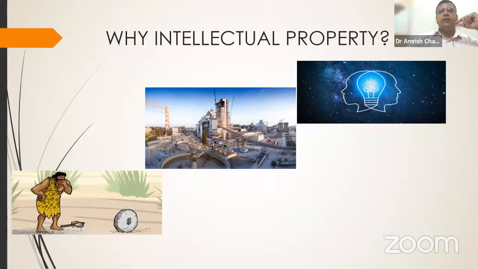The blocking patent is like, 4G was there, 5G is there, now 6G is going to come, after some time 7G will also come. So if you think in advance and plan, like if you file a patent in 6G technology, or 7G technologies, or if you file something in terms of artificial intelligence, which is going to come in healthcare in a big way, then whenever another company tries to walk on that particular path, they will find that your patent is there and they will not be able to use that particular thing.